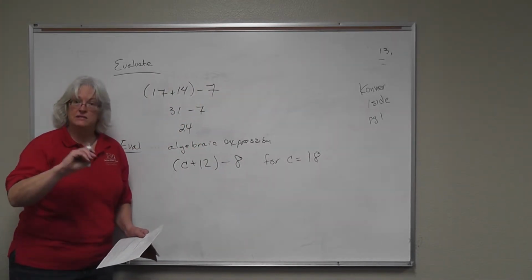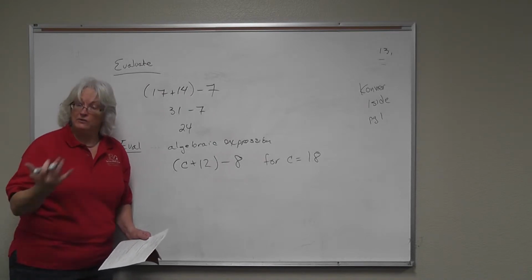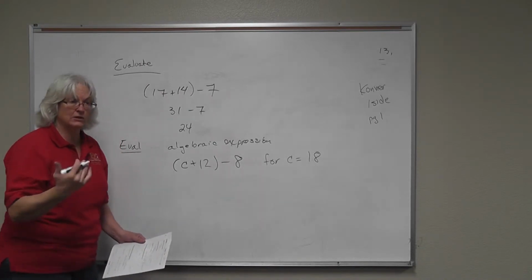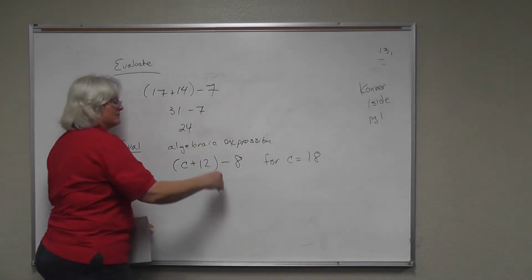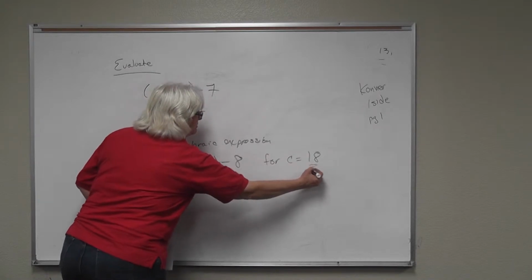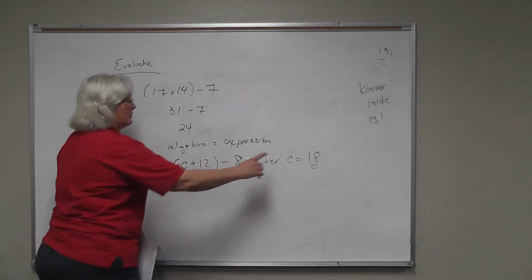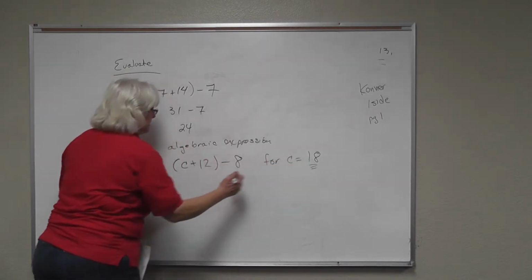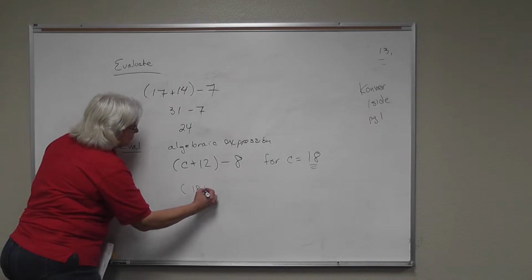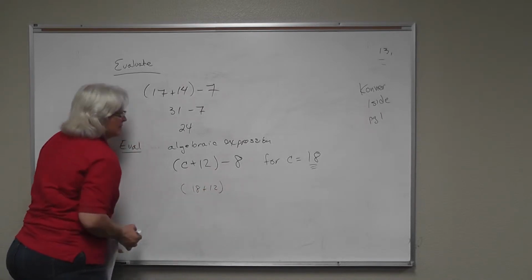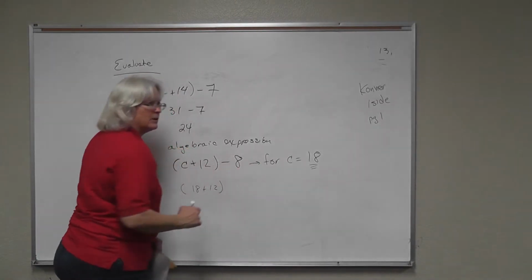And this is an example of why you might want to watch the videos, even if you don't necessarily need to, because you'll see little technique things. In the video I emphasize that that's a value we have for that variable, and we want to substitute that 18 right into the problem where the C is. Where do you get the 18? The problem tells you C equals 18.